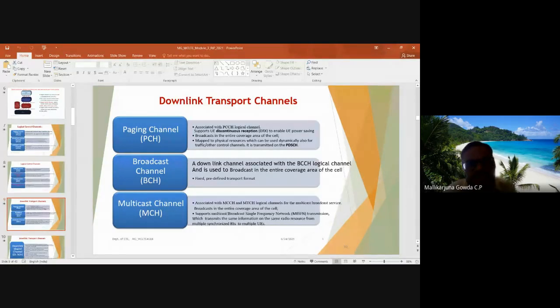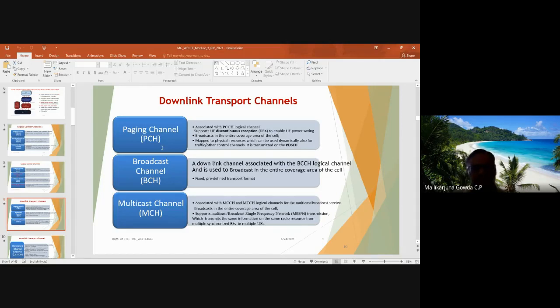This channel is also broadcast in the entire coverage area of the cell. So in a nutshell, the paging channel, broadcast channel and multicast channel are all broadcast in the entire coverage area of the cell. That is a common point you can understand.